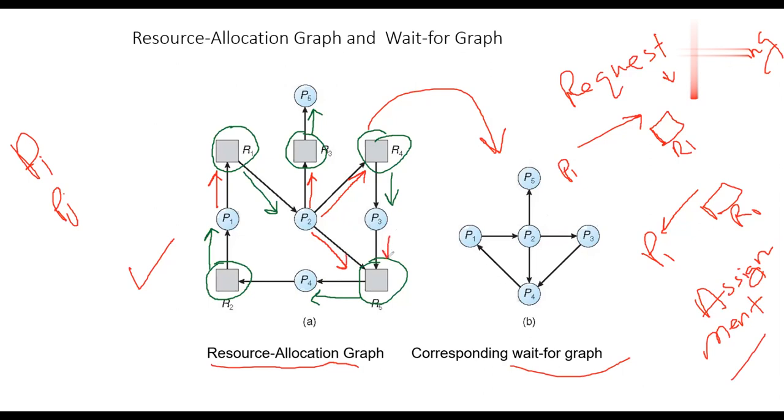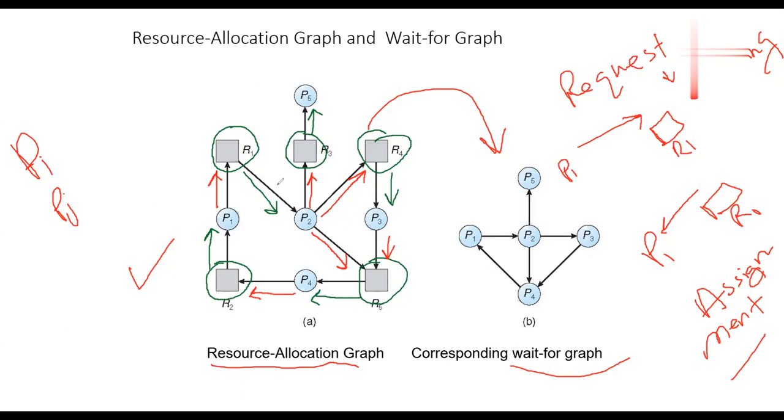P3 is waiting for R2. You can see here, P2 is waiting for three resources, P2 is waiting for one resource, P4 is also waiting for one resource. So there are a lot of waiting situations. Now come back to this. I hope you understand the waiting and the holding situation.